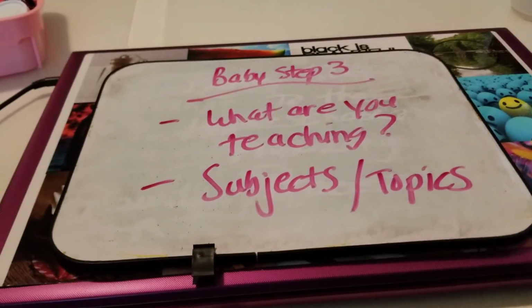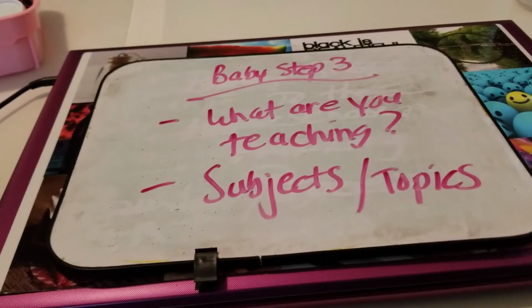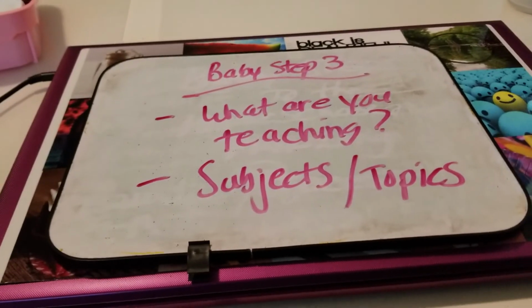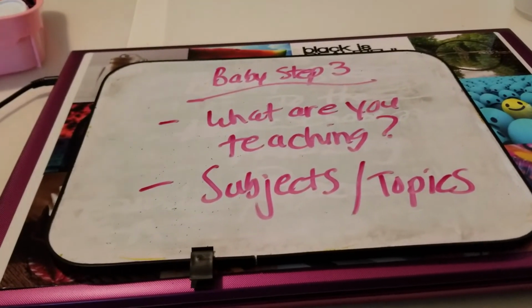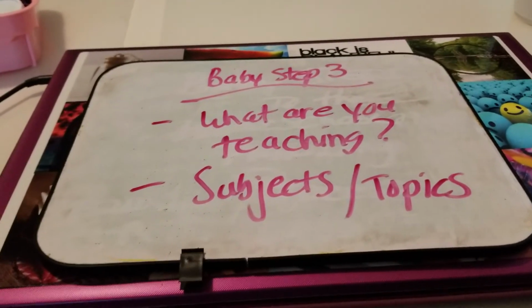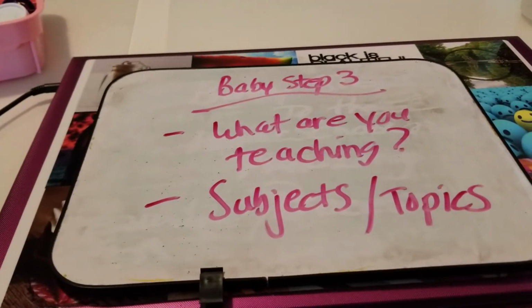In my opinion, they're the foundational milestones or the foundational stones to having a very successful homeschooling journey. So take a moment, think about those things, write them down, organize them in a way that's easy to understand and read, and then pick back up on part 2 of this video where we will dive into the next few steps.